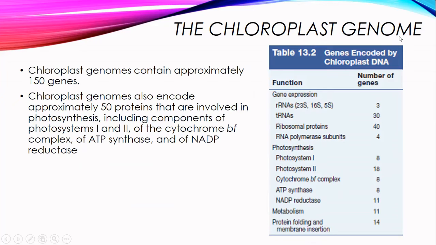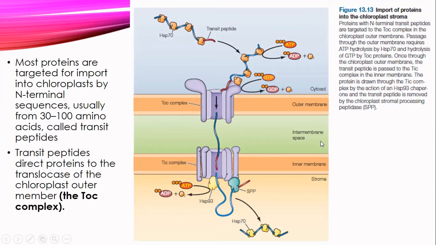The chloroplast genome consists of 150 genes. So chloroplast genomes also encode approximately 50 proteins. So these are some of the proteins in the plants coming from a chloroplast. We have the gene expression for rRNA, tRNA, ribosomal proteins, RNA polymerase subunits.